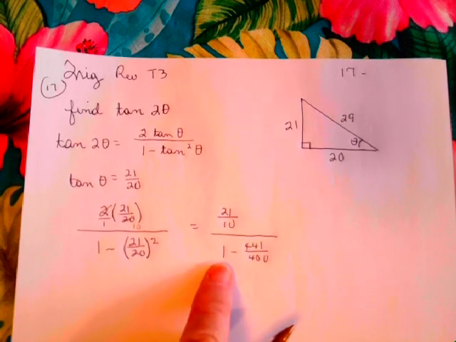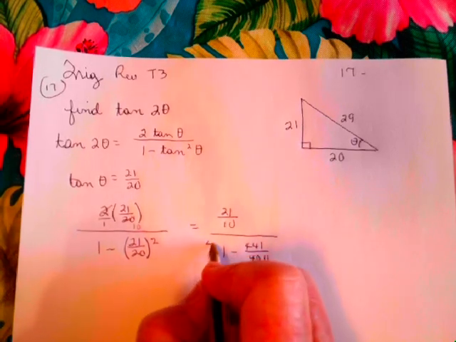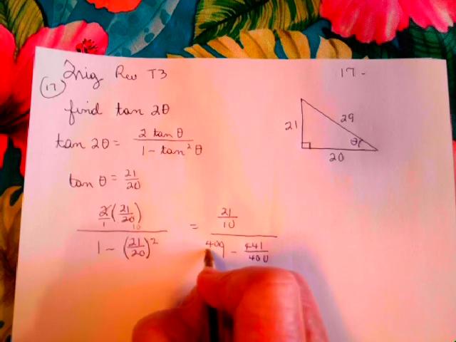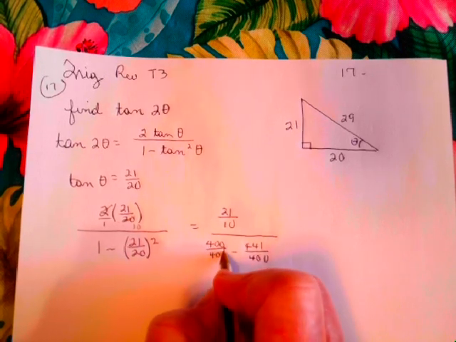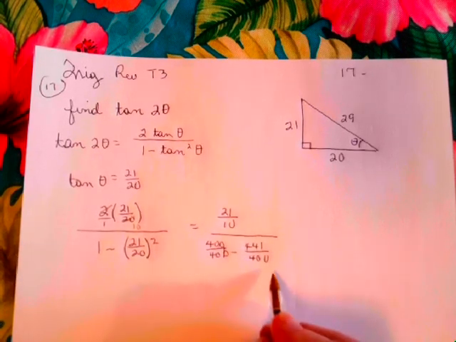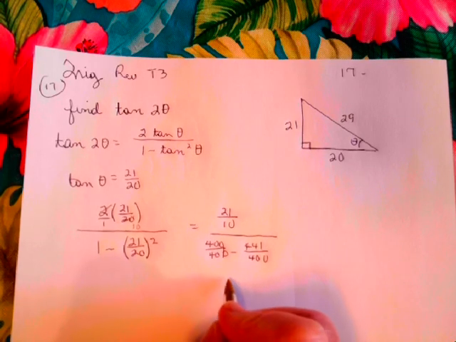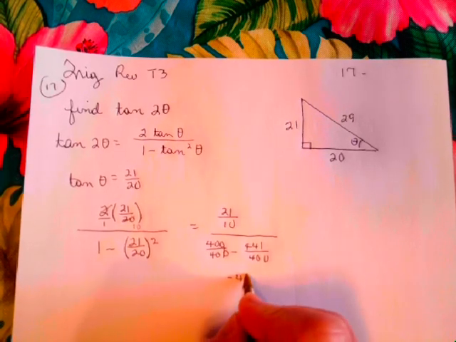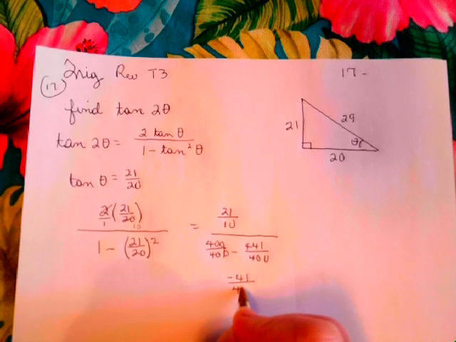I know that this 1 can be written as 400 over 400, so that I have 400 over 400 minus 441 over 400. This gives me negative 41 over 400 in the denominator.